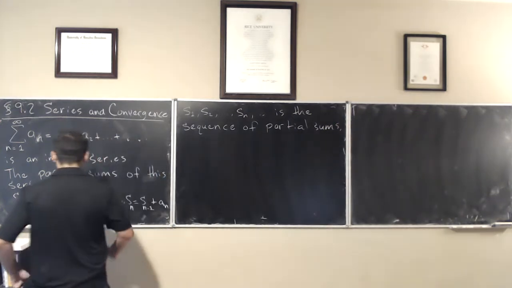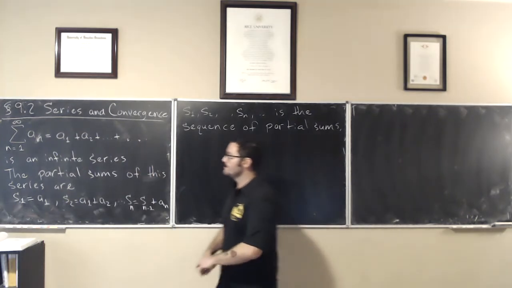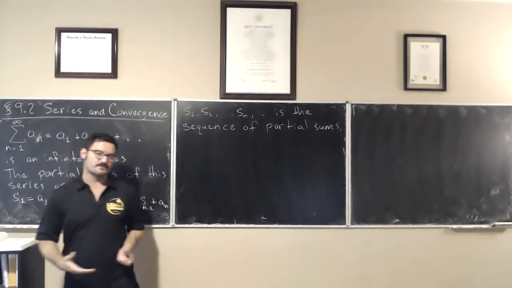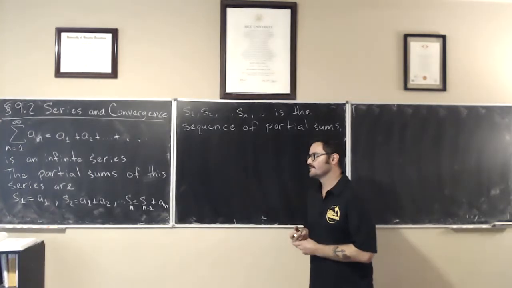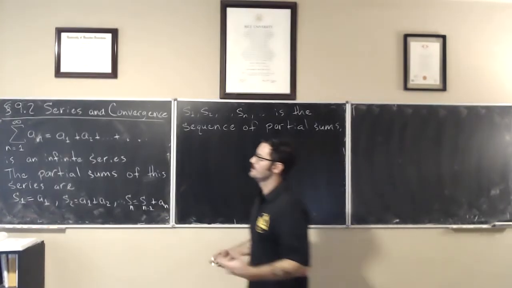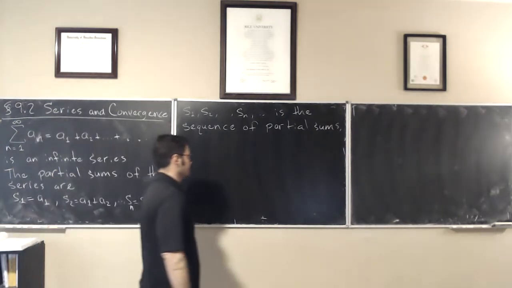Okay? Now, we can talk about convergence. Infinite series converge sometimes. They converge to a number sometimes. Sometimes they diverge. How can we understand the convergence of a series?